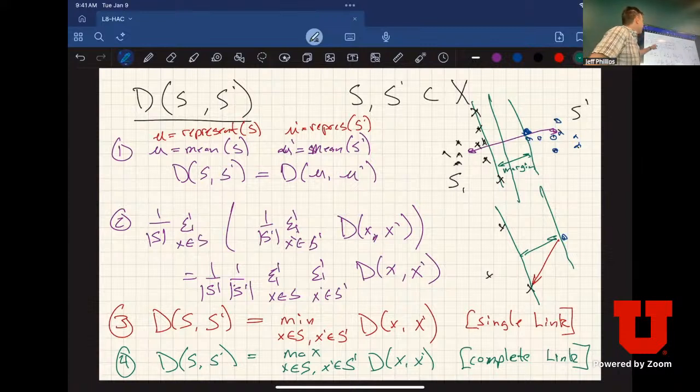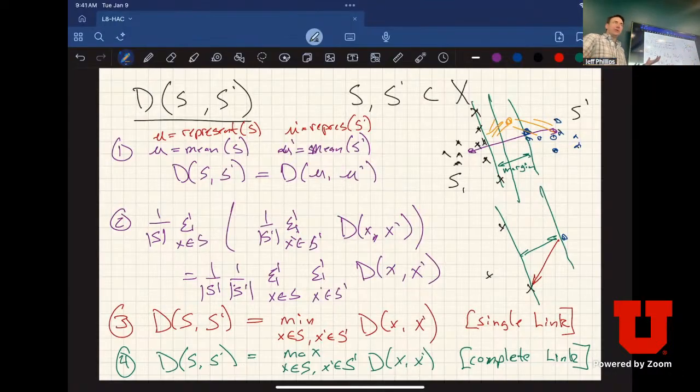So instead of the distance between the means, let's say I added a mean here of all the data points, and then I compute all the distances, and I look at that score, the average distance to the mean point, and that score tells me how close that cluster is.